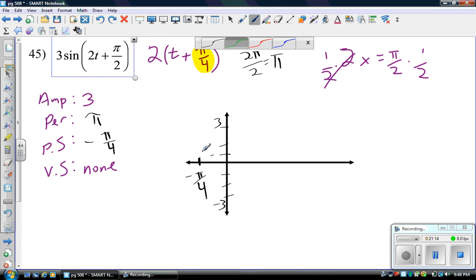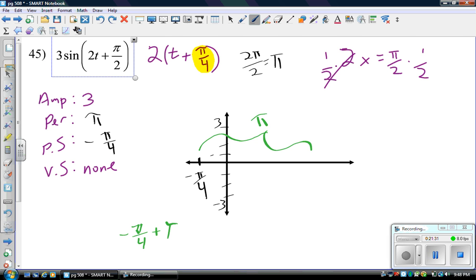And again, what that means is from here, a distance, it's supposed to be a bracket, a distance of pi. So you can just say, I'd take negative pi over 4 plus pi. And you might be able to do this in your head, but negative pi over 4 plus pi would be 3 pi over 4. So 3 pi over 4 is where it ends. So the far end over here is going to be 3 pi over 4.